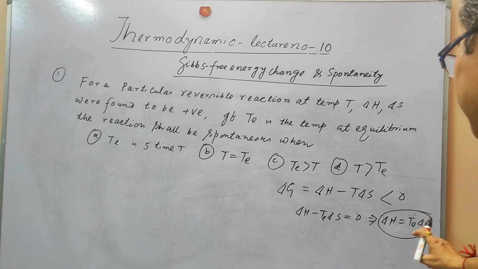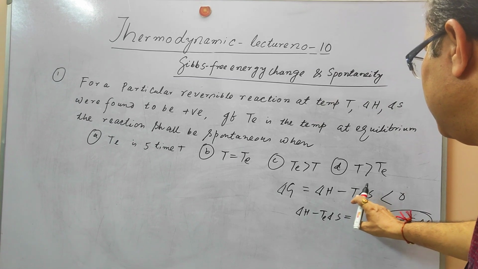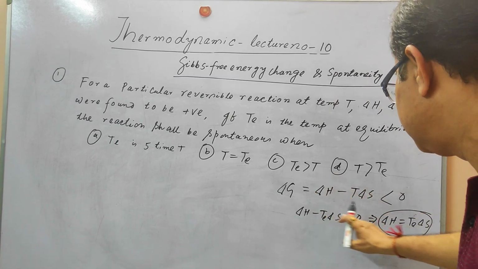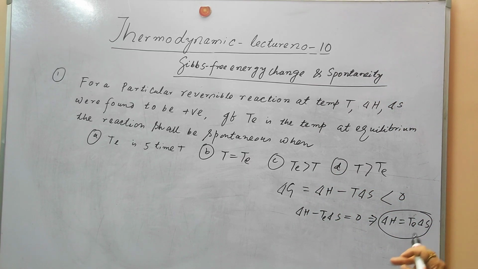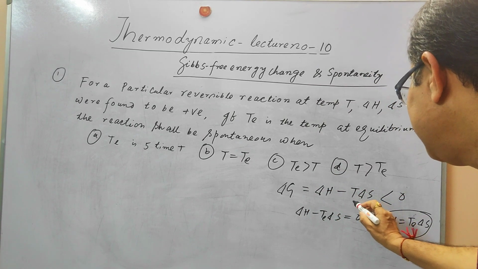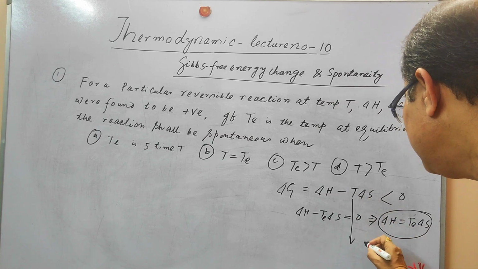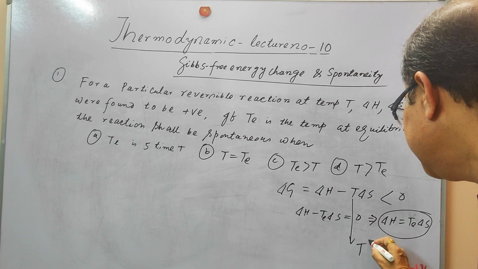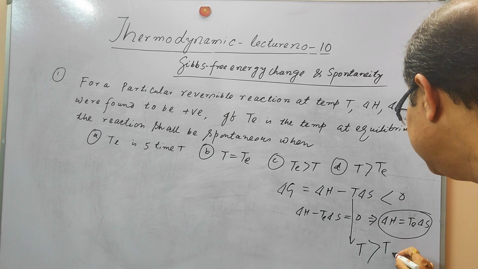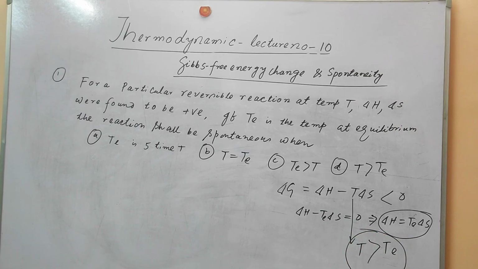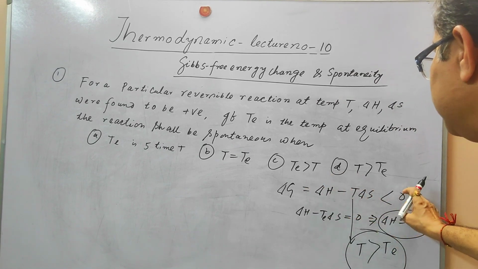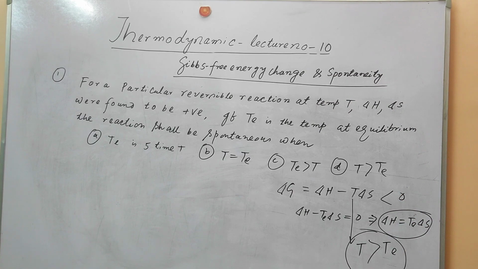So this delta G will be negative when T will be greater than Te. At that time only this total expression will be negative.